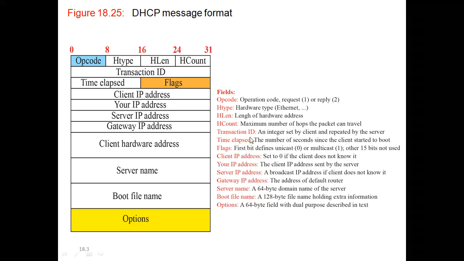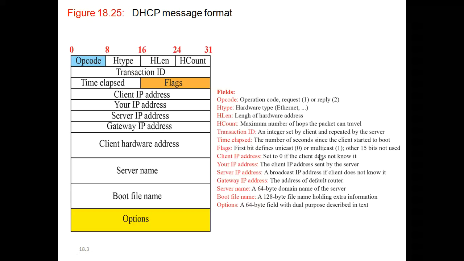Transaction ID is an integer set by the client to allow it to match up the request with the reply received from the DHCP server. Time elapsed is the number of seconds since the client started to boot. Flags: the first bit defines unicast 0 or multicast 1, and the other 15 bits are not used.